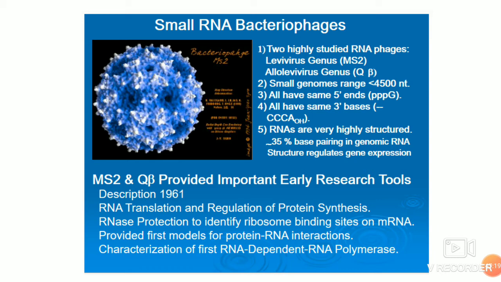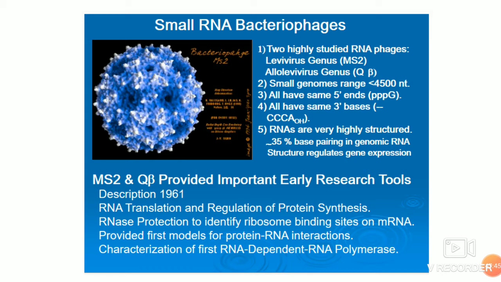At the 5' end you have the triphosphate G, guanine, and at the 3' end you have the characteristic CCA. They are structurally very important because they have a beautiful secondary structure formed by base pairing between the bases of this single strand, which is important for stability.